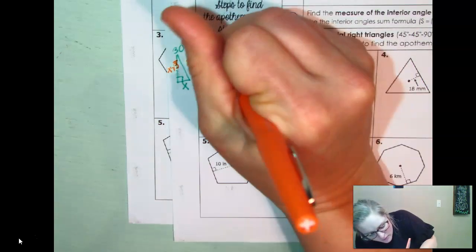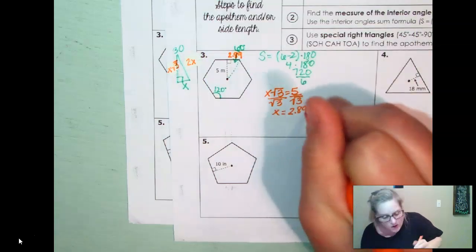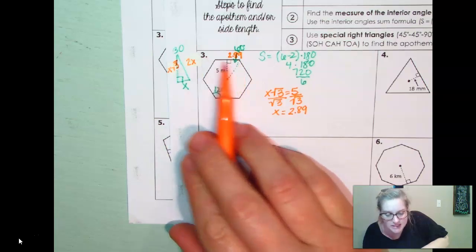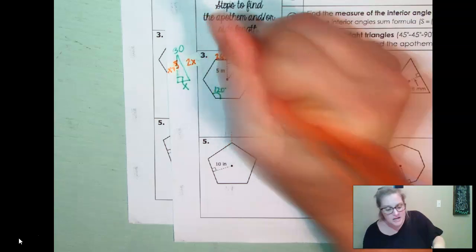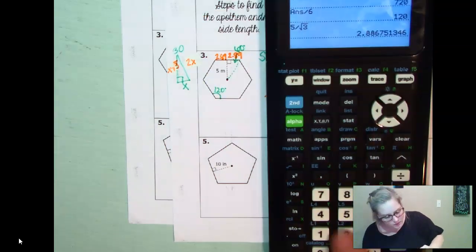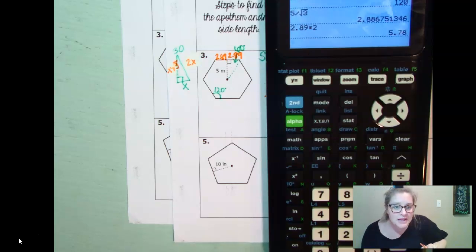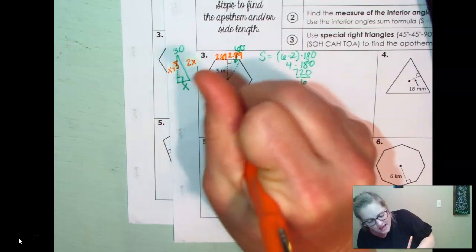So 2.89. Now, that's this little segment. So to get the whole entire side, I would need that again, 2.89. So I'm going to take that 2.89 and multiply it by 2. That tells me that the side is going to be 5.78.